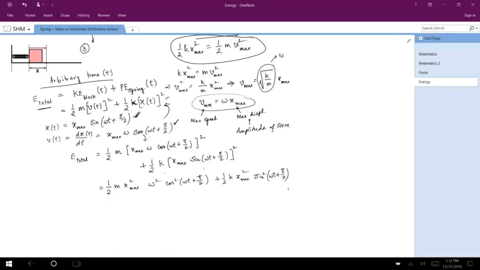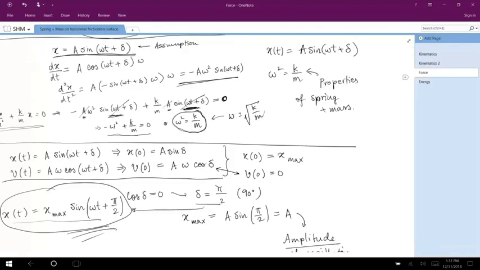Now remember, from our discussion of forces, omega squared is equal to k over m. So if I go back to our forces, when we solved our equation of motion, we found that omega must be equal to square root of k over m, or omega squared has to be equal to k over m.